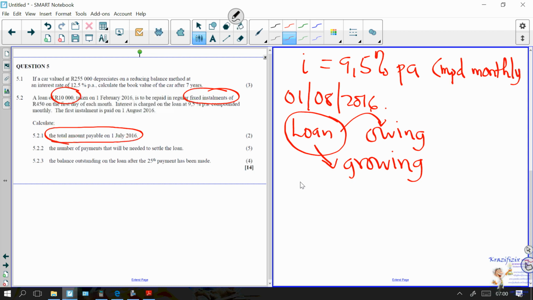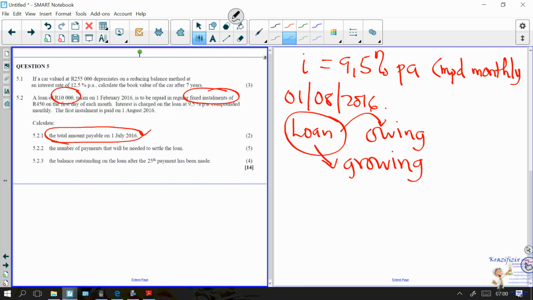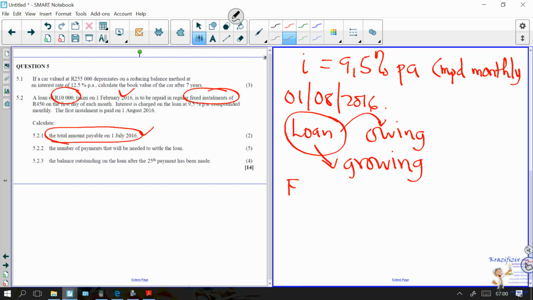The total amount payable on the 1st of July, which is how many months after? We took the loan in Feb. So it's February, March, April, May, June, stopping at July.